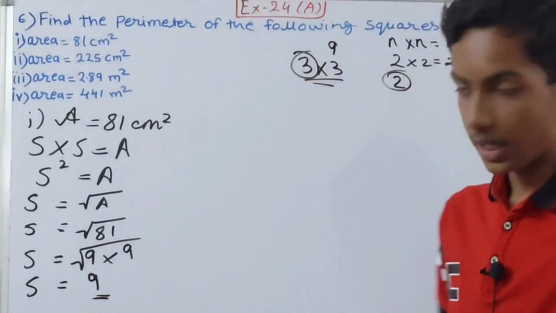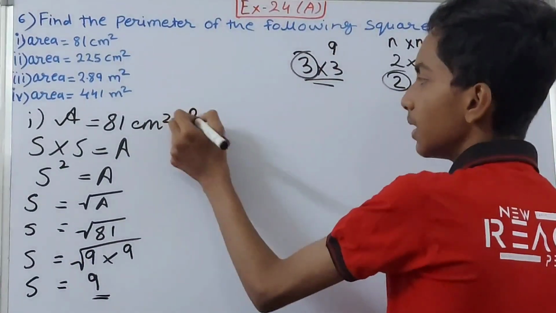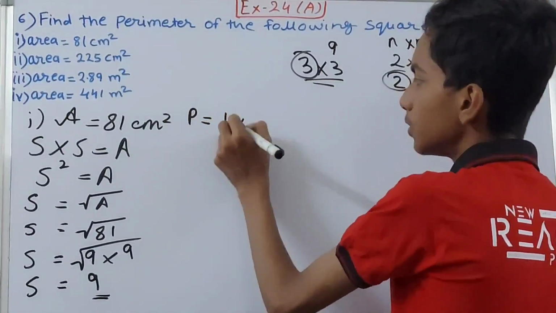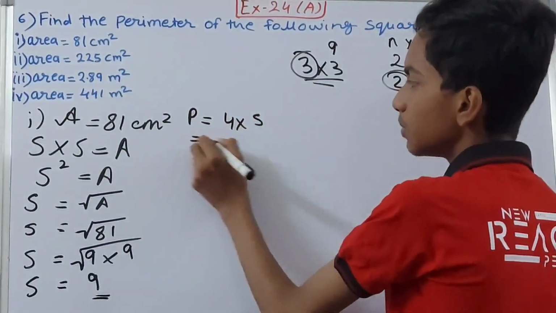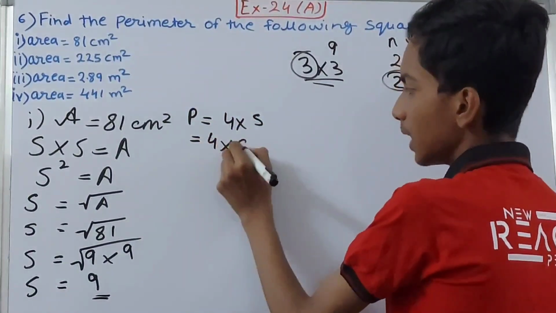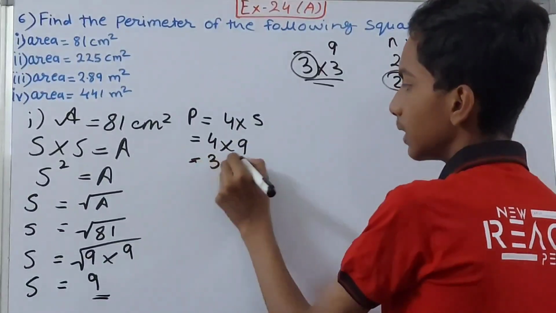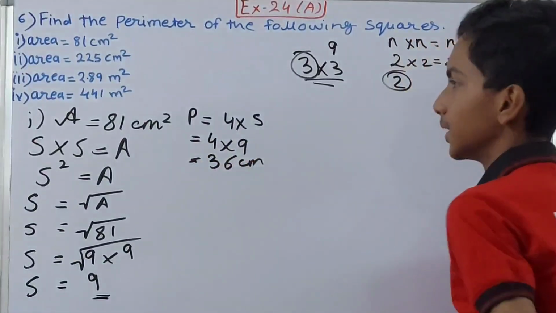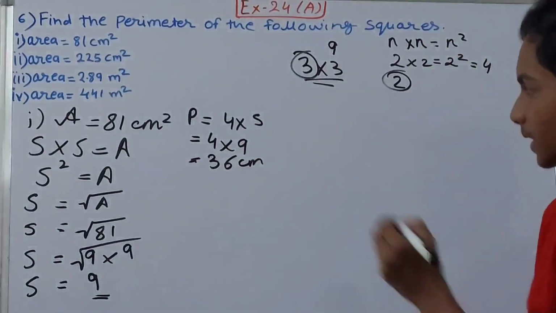So side becomes 9. Now find the perimeter, which equals 4 into side. So this becomes 4 into 9, and that is 36 centimeters. This is the perimeter in the first case.